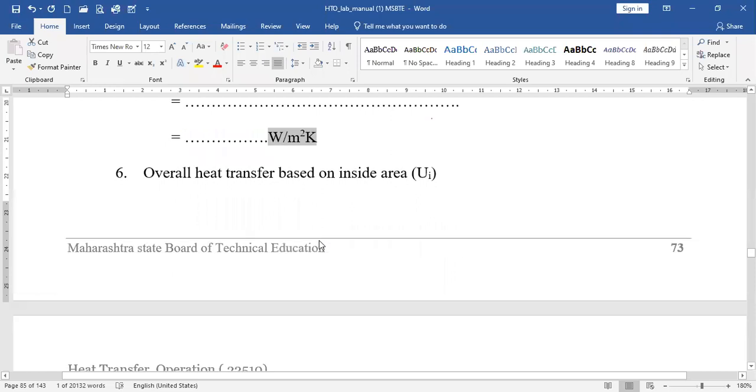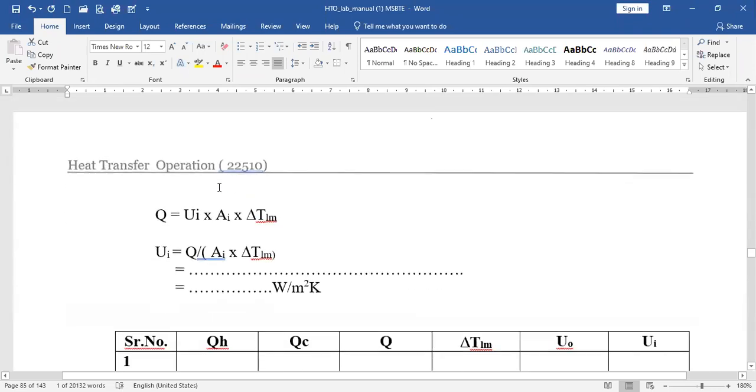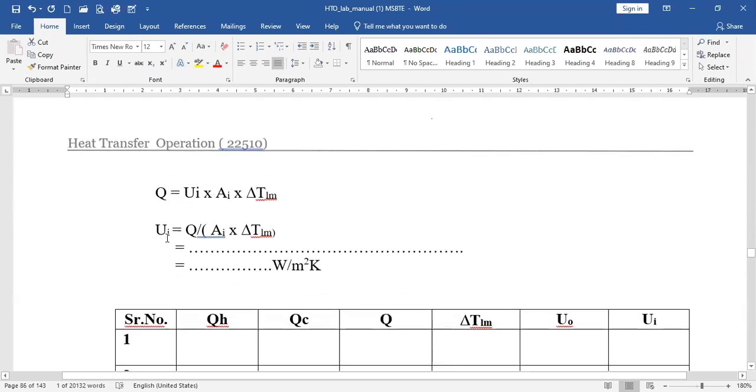In a similar way, we can calculate the overall heat transfer coefficient on the basis of the inside. For the inside, the similar formula is UI equals Q upon AI into delta TLM. So we can calculate this UI also in terms of watt per meter square Kelvin.